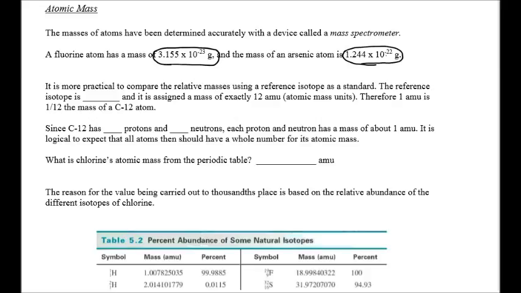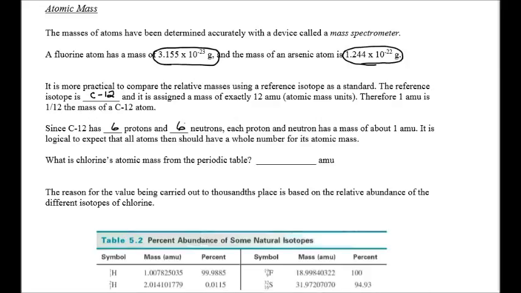The reference isotope is carbon-12. So carbon with 6 protons and 6 neutrons. It is assigned exactly a mass of 12 AMUs, atomic mass units. Since carbon-12 has 6 protons and 6 neutrons, we should expect that all atoms have a whole number for their atomic mass compared to the carbon-12.